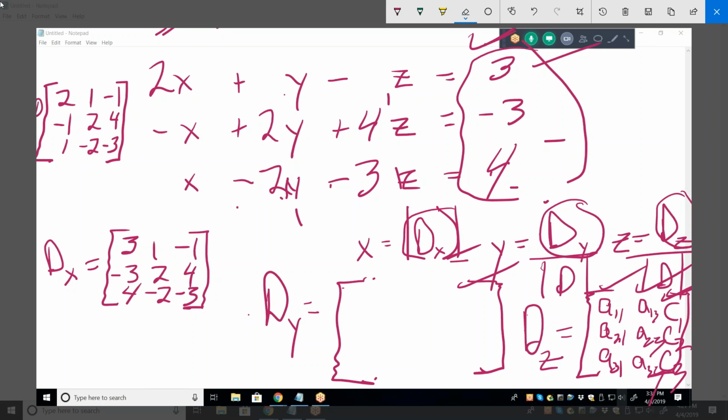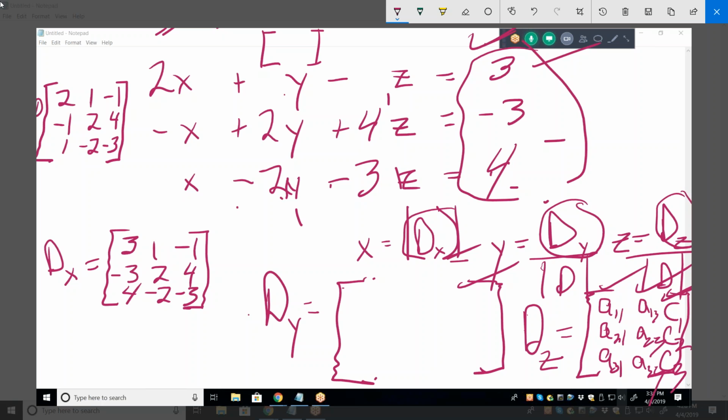But you can tell it's not a determinant. A determinant has the 2 bars. This means determinant, and this means the matrix. So what's the D sub y matrix?